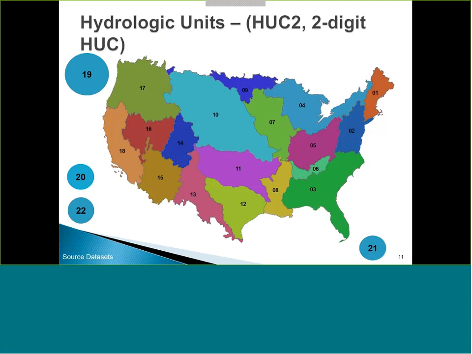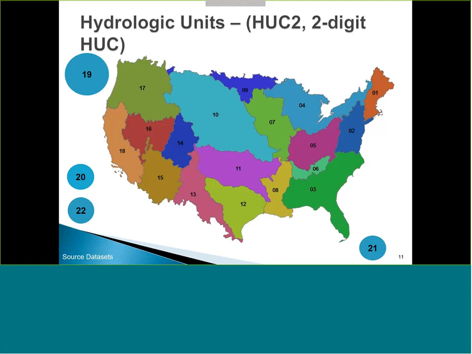The first division is what's known as the two-digit HUC, meaning there are two digits that describe it. HUC 01 through 18 are in the continental U.S. from Maine to California. 19 is Alaska, 20 is Hawaii, 21 is Puerto Rico and the Virgin Islands, and 22 is the Pacific Island territories.